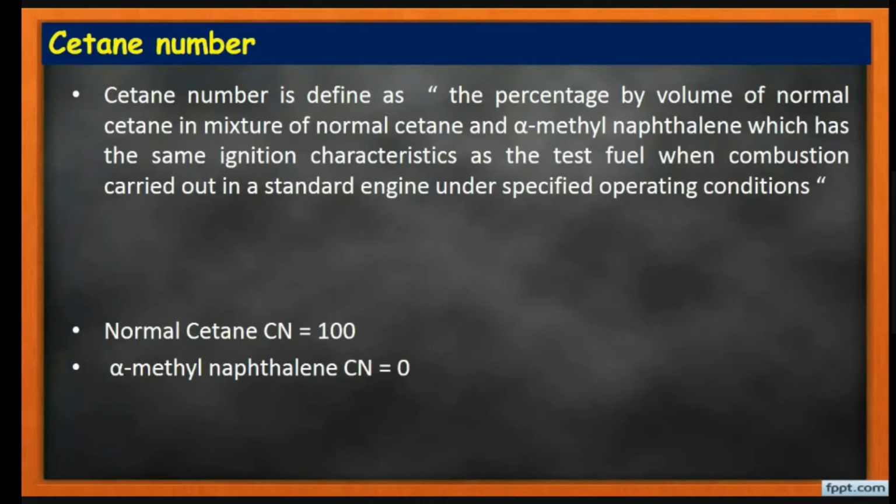Here we are using cetane and alpha methyl naphthalene. Normal cetane has a cetane number value of 100, and alpha methyl naphthalene has a cetane number of 0. So on the basis of these two parameters we can find the cetane number, which is used for rating diesel fuels.